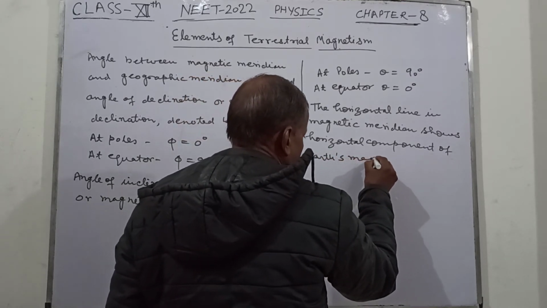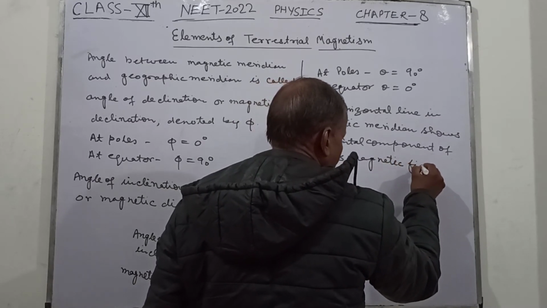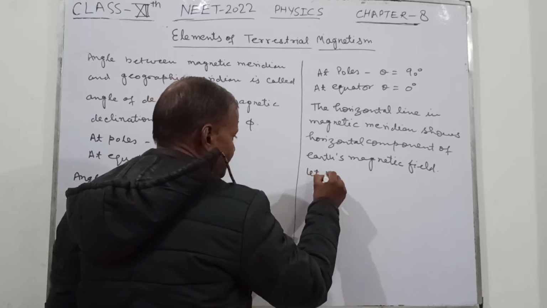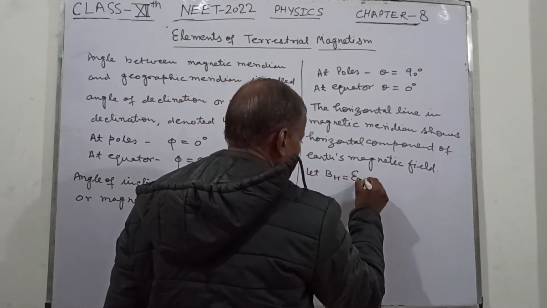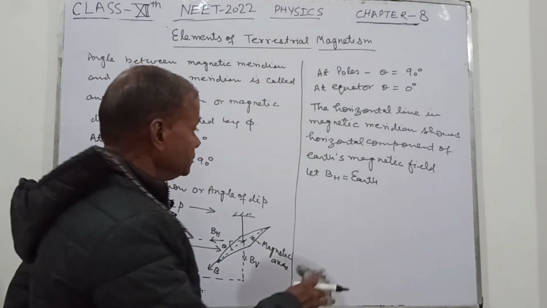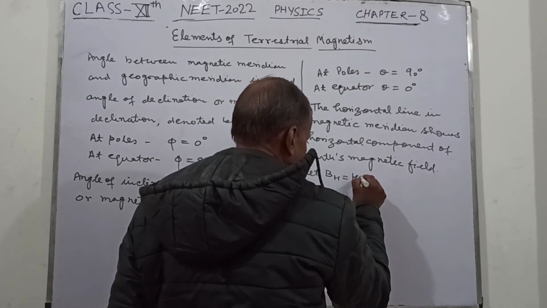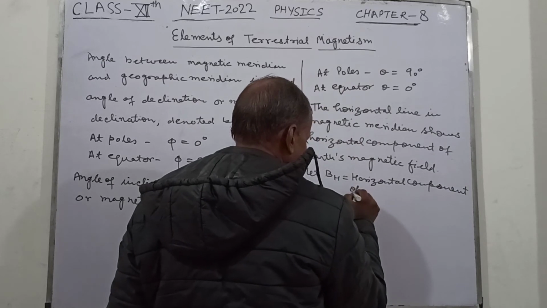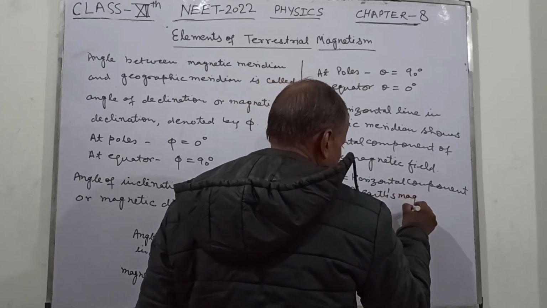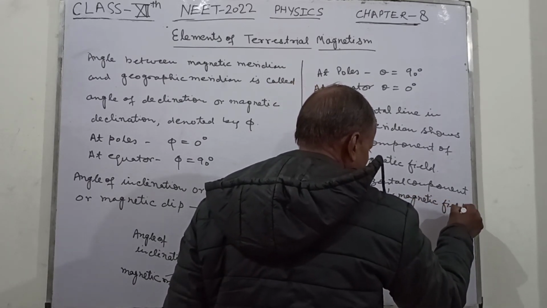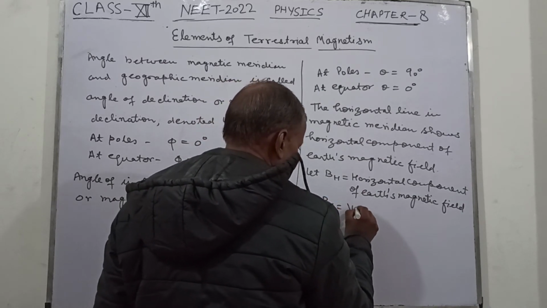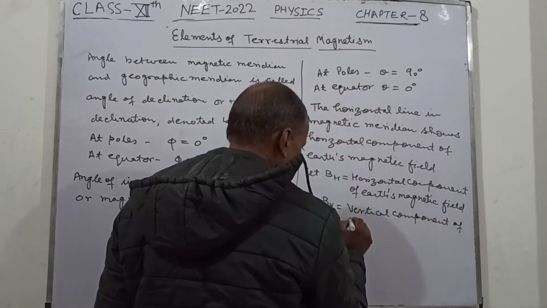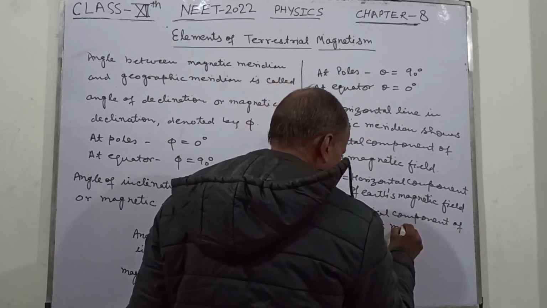So now from this triangle, let BH equal the horizontal component of the Earth's magnetic field, and BV the vertical component of the Earth's magnetic field.